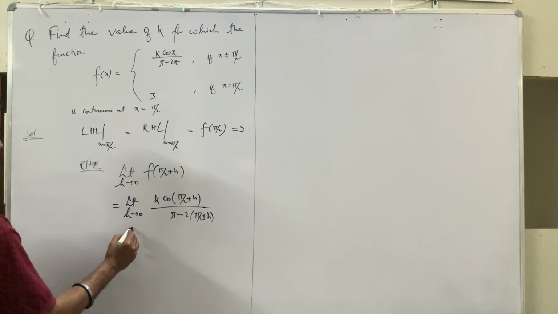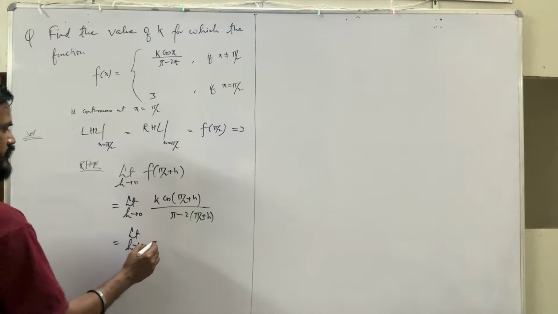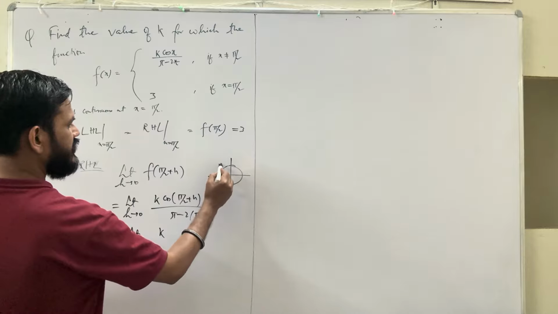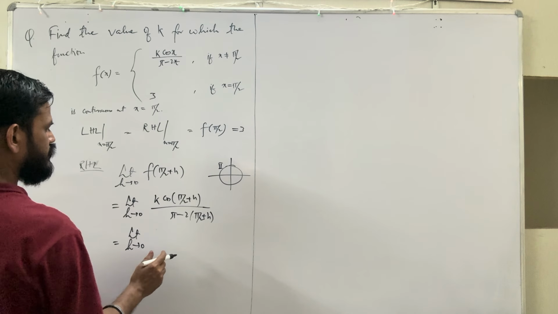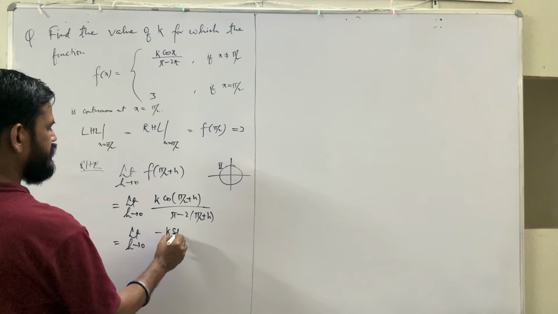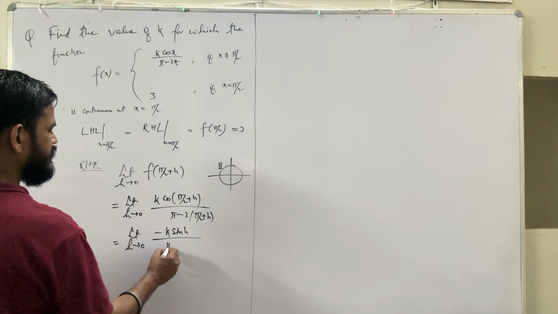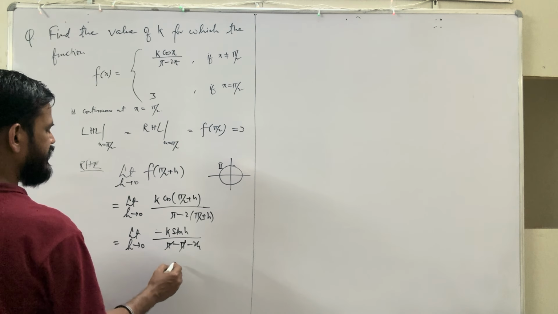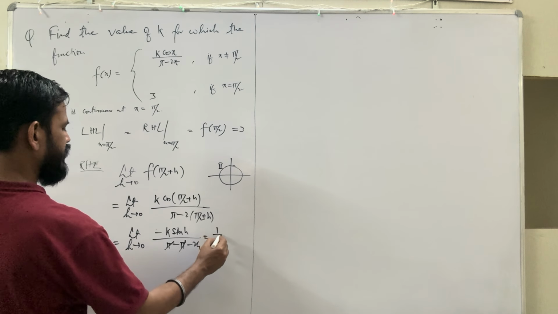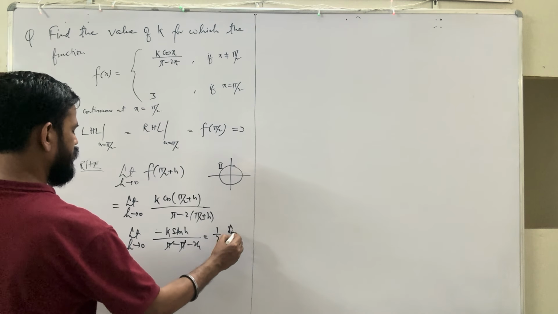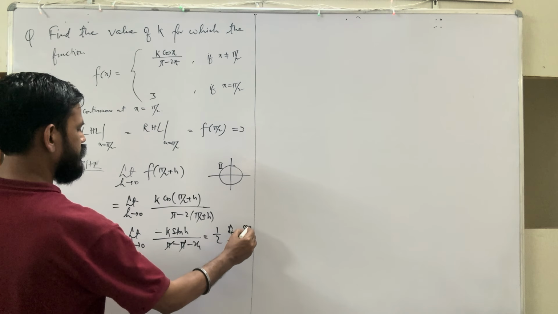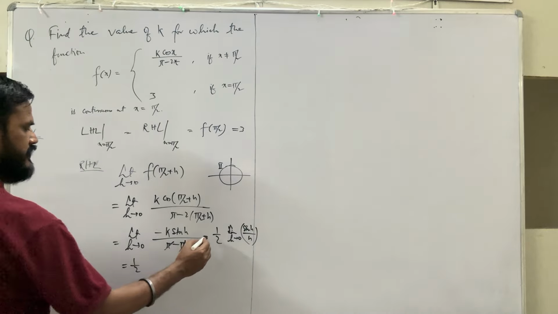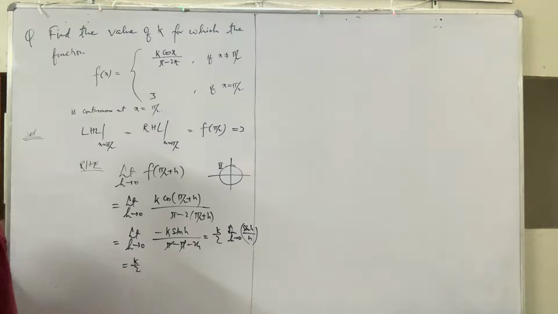Cos(pi by 2 plus h) goes to the second quadrant, and in the second quadrant cos is negative. So it will be minus sin h, and this gives you pi minus 2h in the denominator. So pi gets cancelled. We have 1 by 2 limit h tends to 0 sin h by h. Now sin h by h is 1, so the left hand limit or right hand limit gives you k by 2.